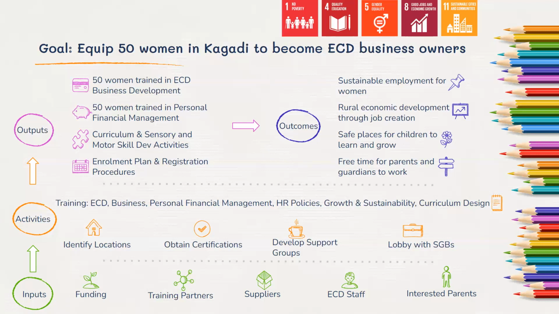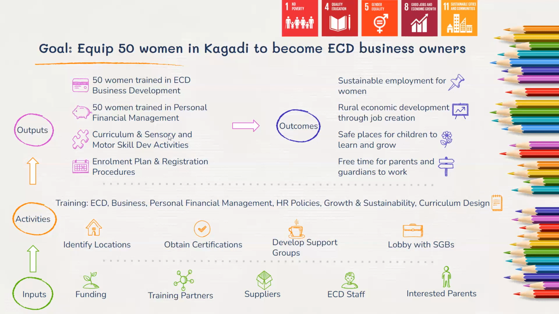How will we ensure that they are trained in this area? We can go back to the activities and see, oh, there we are. We're going to ensure that they are trained in those areas by having a curriculum design training activity. This is what ensures that they are able to have these activities in their ECD.